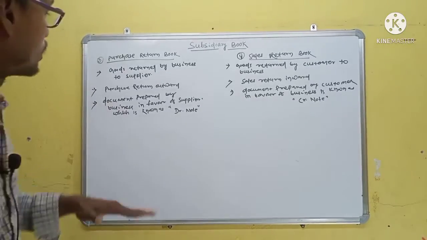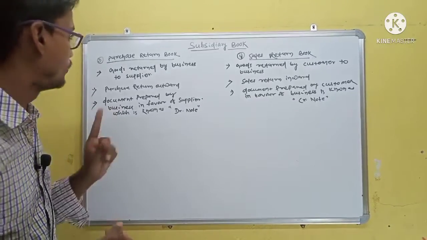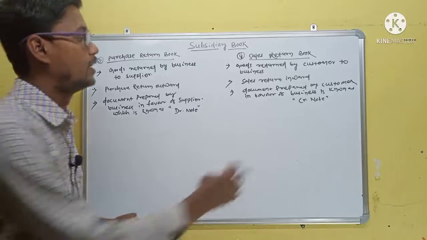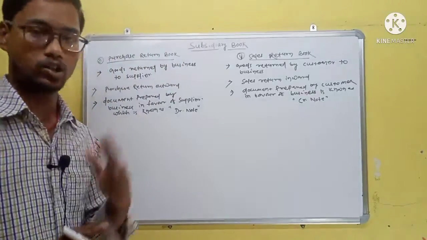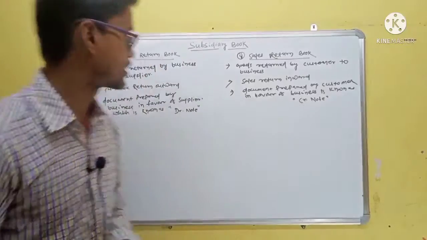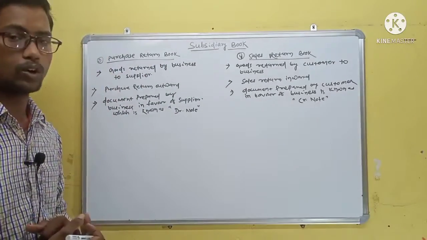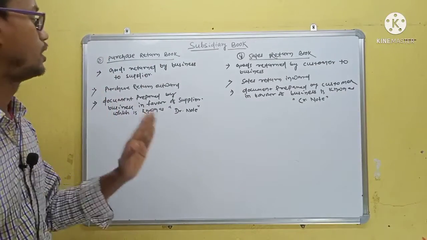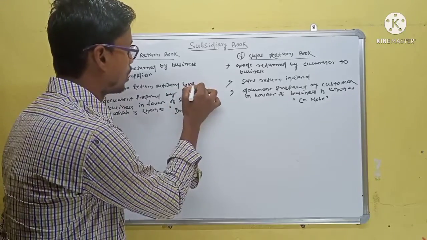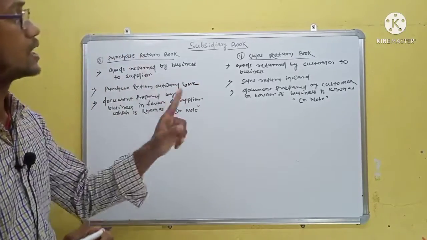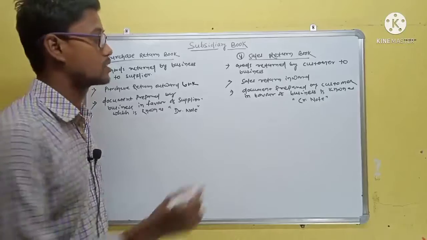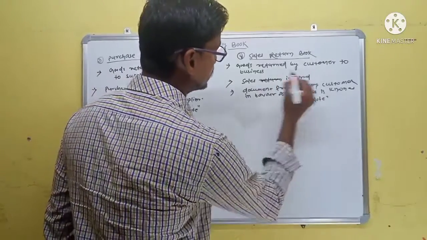The debit note is prepared by the business in favor of the supplier, and the credit note is prepared by the customer in favor of the business. The purchase return book is also known as the purchase return outward book, and the sales return book is also known as the sales return inward book.